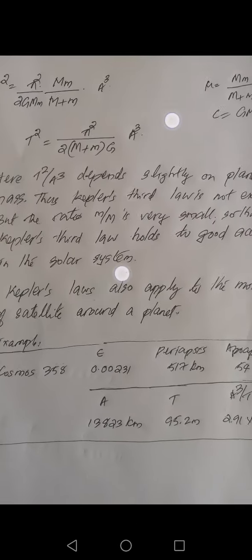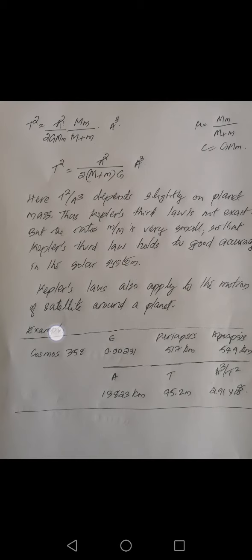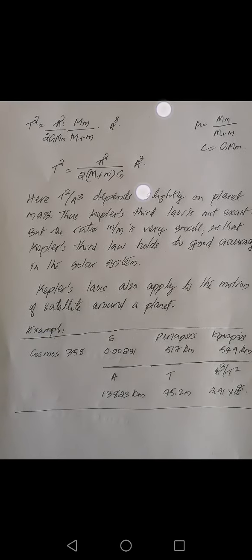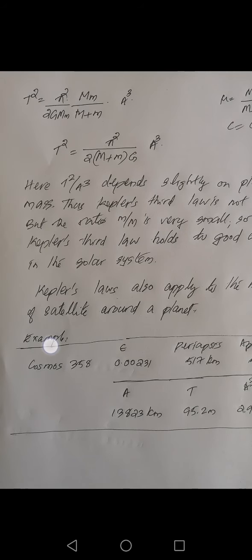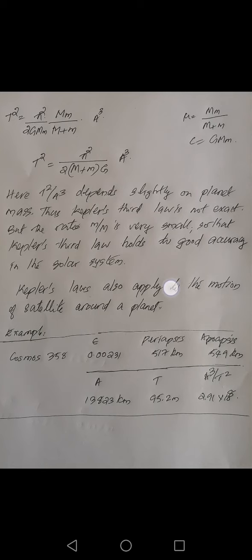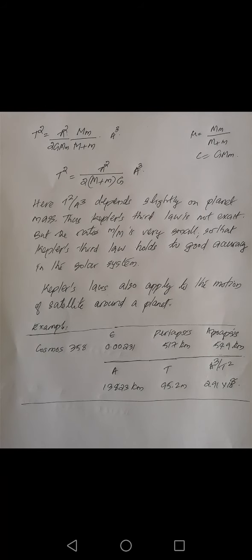Okay, now we can substitute the values of mu and c. We know mu is m M divided by m plus M, and c is G into m M. Therefore T squared is equal to pi squared by 2 G m M into m M by (m plus M) into a cubed, and this m M will be cancelled. Therefore T squared is equal to pi squared by 2 into (m plus M) into G into a cubed. So what we can say is T squared by a cubed slightly depends on the mass of the planet.